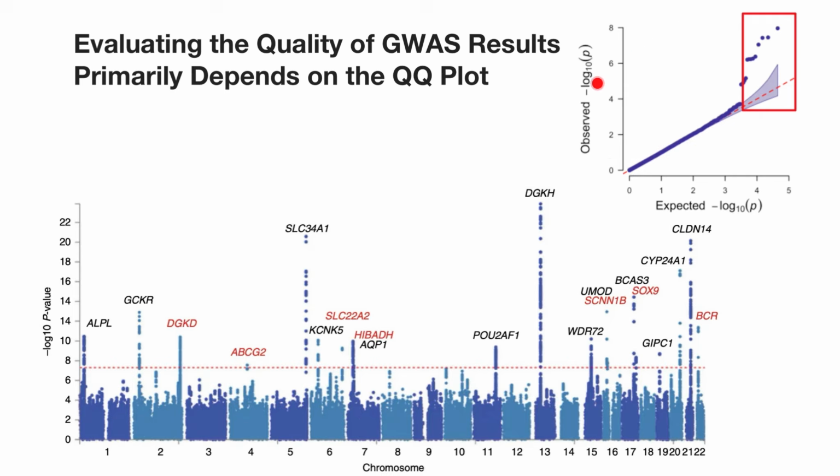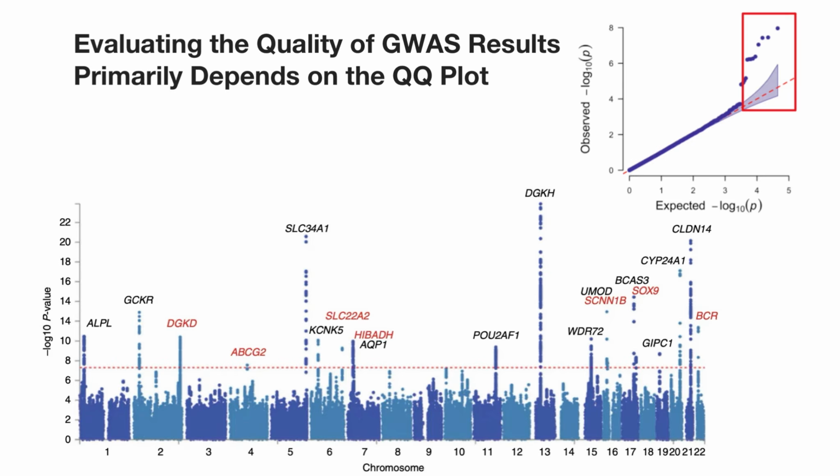Before I explain how to read and analyze QQ plot, let me first tell you in a few words what a Manhattan plot is. On the y-axis, here we see minus log 10 of the p-value, and on the x-axis we see chromosomes.